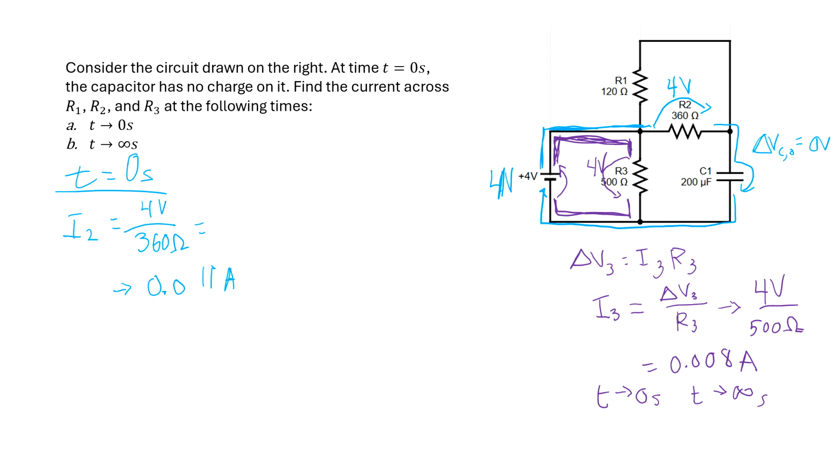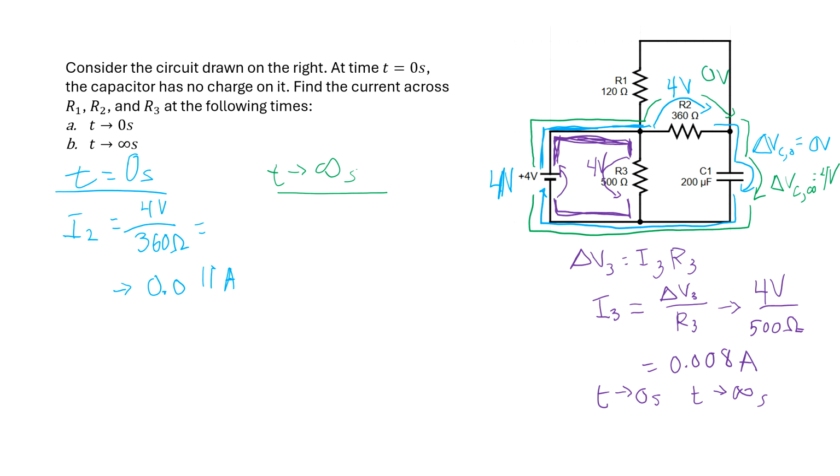Let's do one more, and I'll have you do the last one yourself. Let's now talk about the same loop, but with the time infinity case. So same exact loop across that R2 resistor, but now t is going to be infinity seconds. Now, what is the voltage in this case? Well, at an infinite amount of time, the capacitor is full, and so it takes over the entire 4 volt voltage drop, and none is left for the resistor.